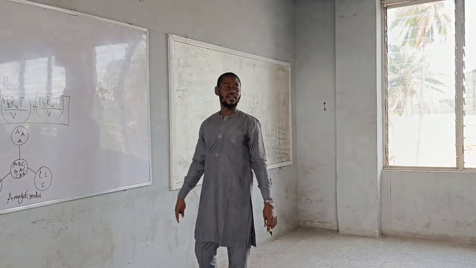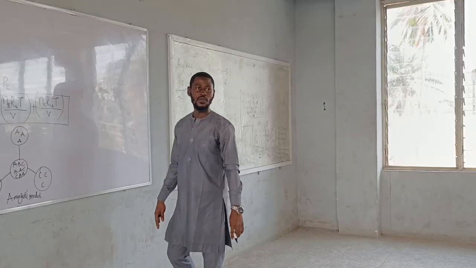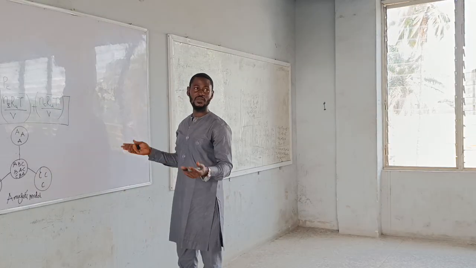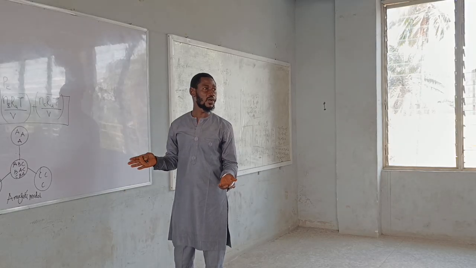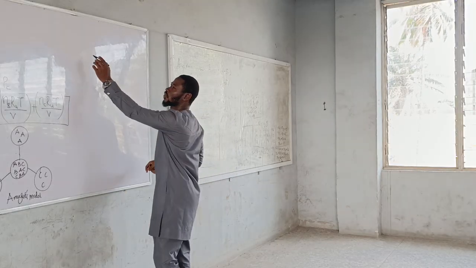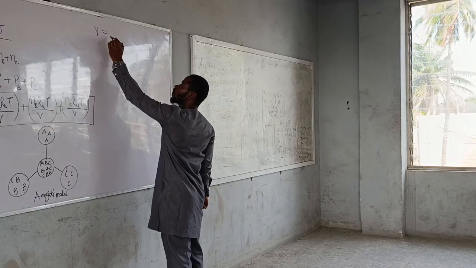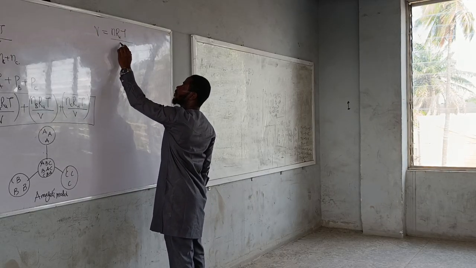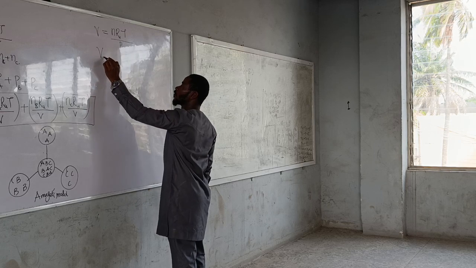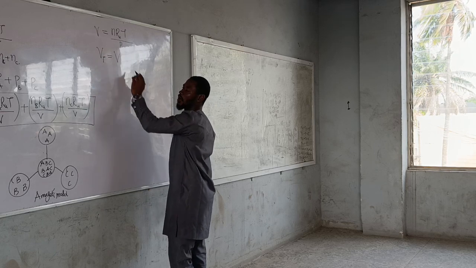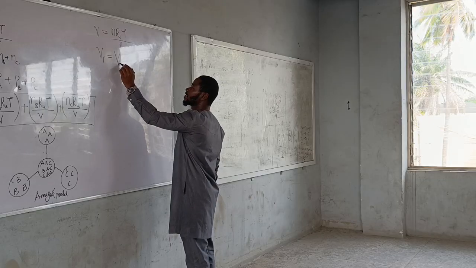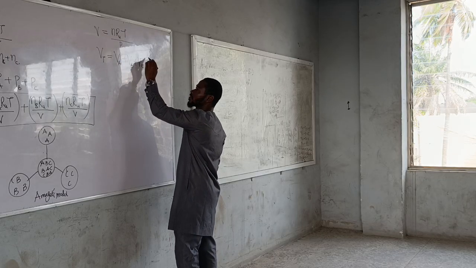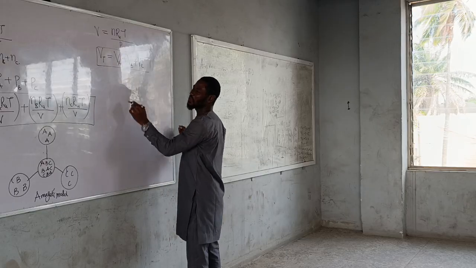So we follow the same pattern that we use in analyzing Dalton's law of partial pressure. So how do we go about this? We make V the subject of the formula from the ideal gas equation. So we have V equals nRuT divided by P. Which means the total volume is the sum of what? The partial volume of A plus the partial volume of B plus that of C. So we go back.